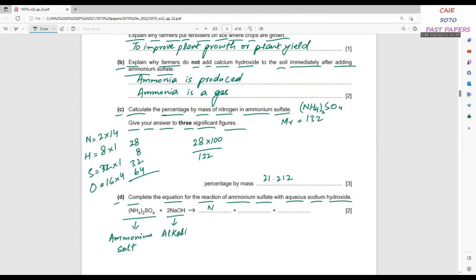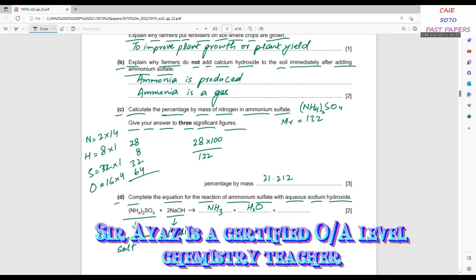So I will write ammonia and water here. The third product will be the salt, which will be formed between sodium and sulfate ion. Sodium belongs to group 1, so the valency of sodium is +1. The charge on SO4 is -2. Ignore their charges. Now these subscripts will be exchanged. So you'll get Na2SO4.